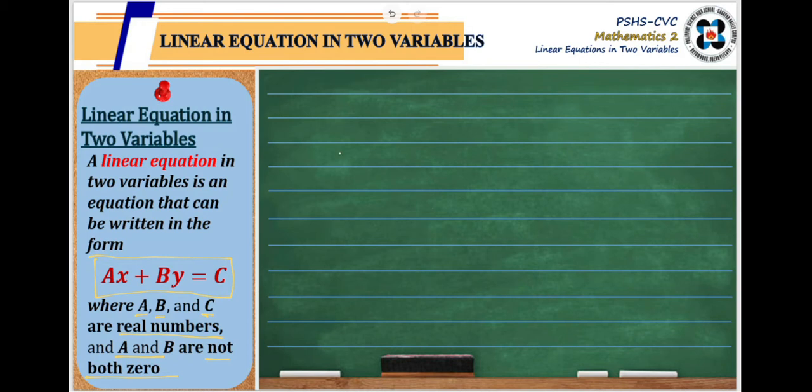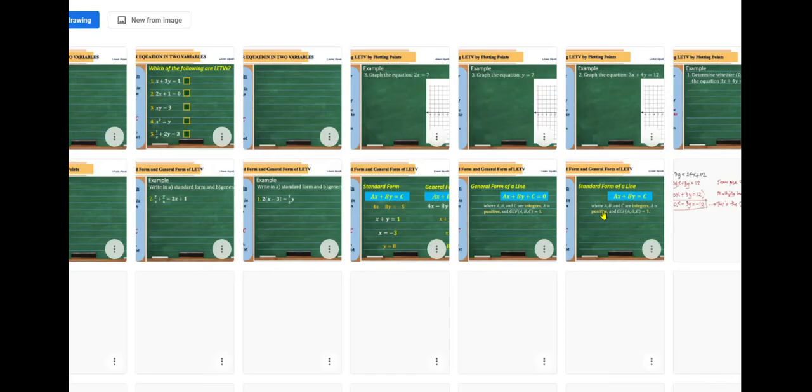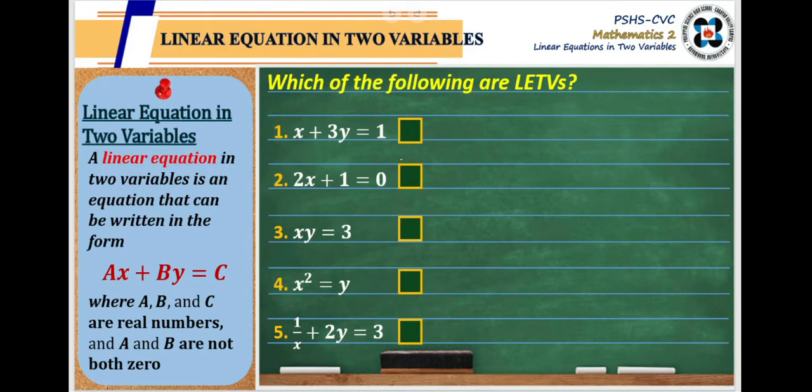So based on this definition, let's try to determine whether the following equations are linear equations in two variables or not. So let's start with number 1. x plus 3y is equal to 1. Okay?